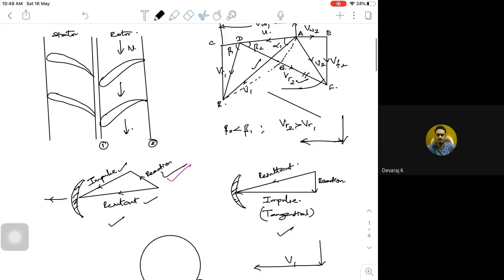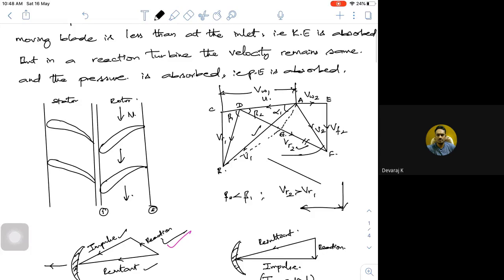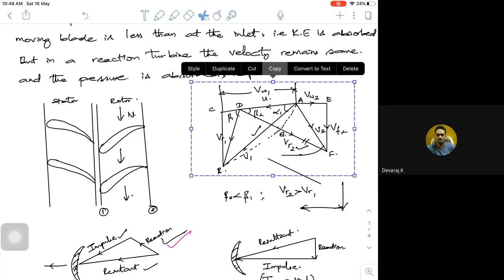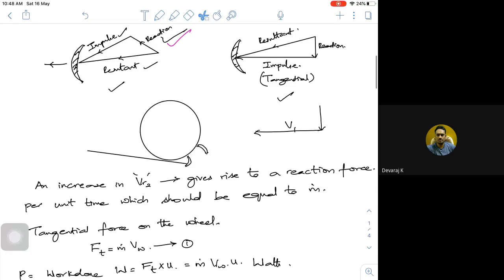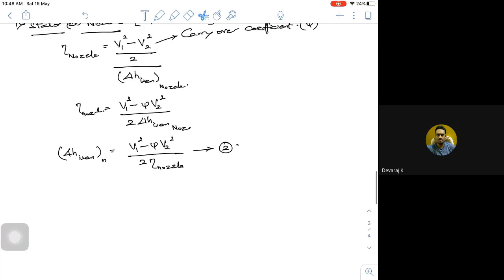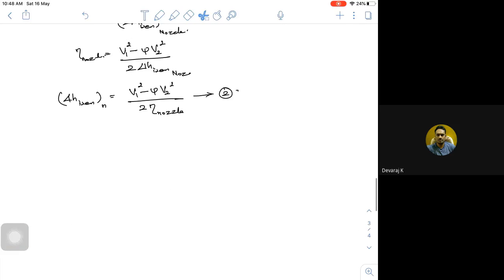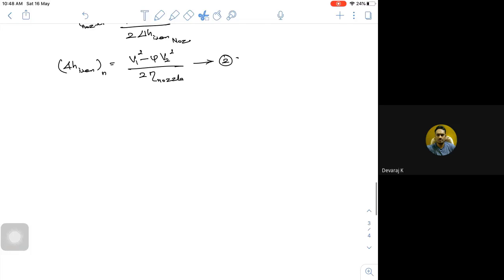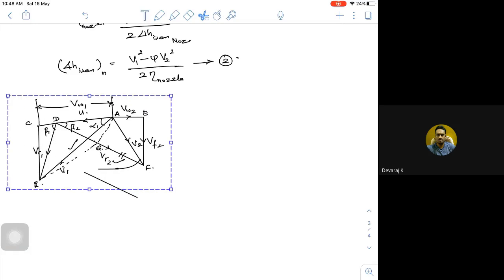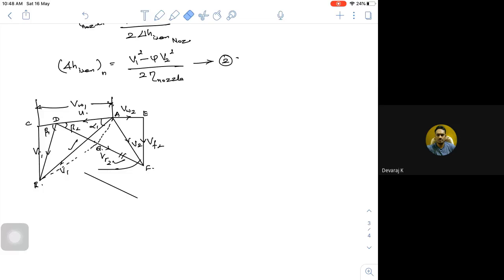Okay, I am considering this velocity triangle, and you apply the cosine rule.